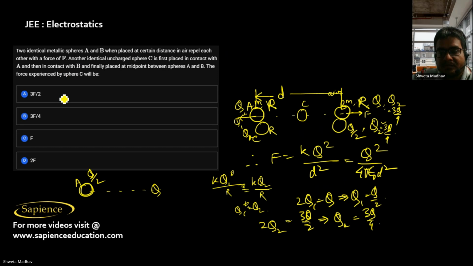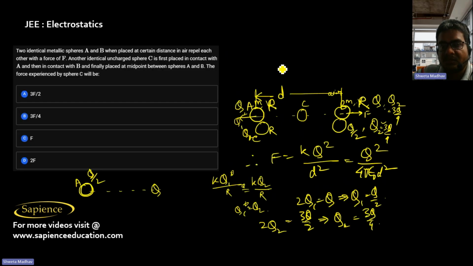And then this one is having charge Q1, which is equal to Q by 2 at x equal to 0. And here at x equal to d, the charge Q2, which is 3Q by 4, is kept. B, this is C, this is A. Okay. So now it is asked the force experienced by sphere C will be.